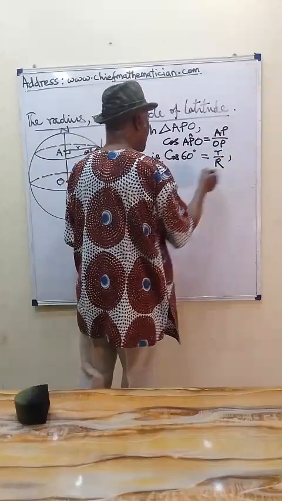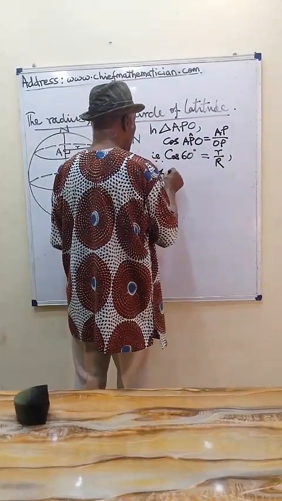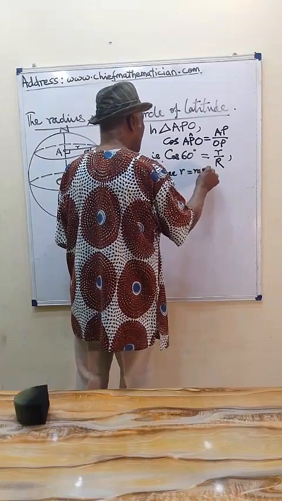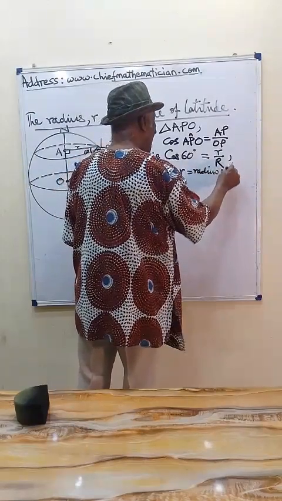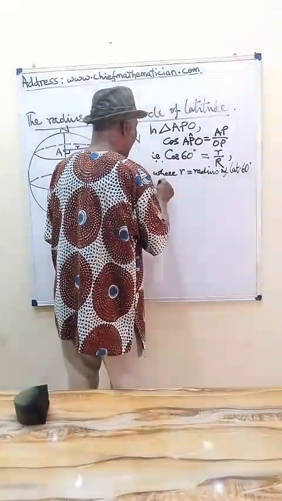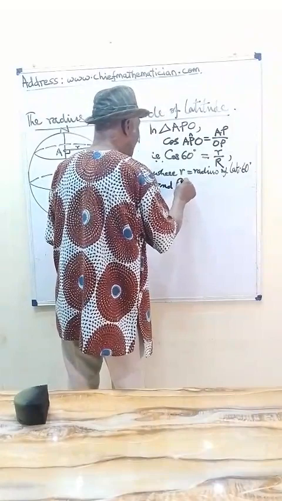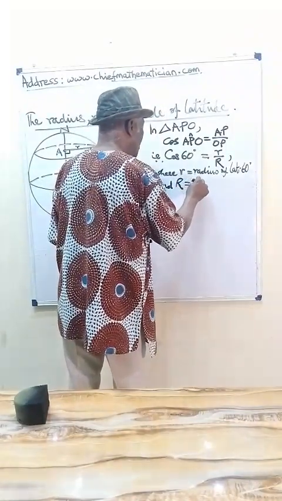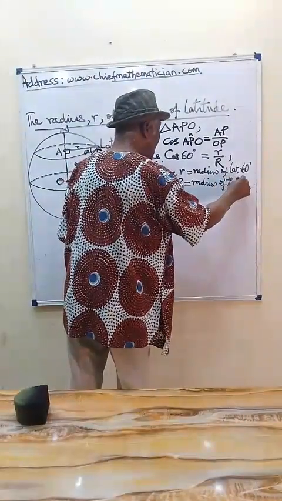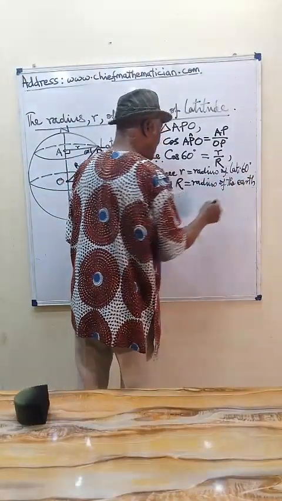Where small r is equal to the radius of latitude 60 degrees and capital R is the radius of the earth.